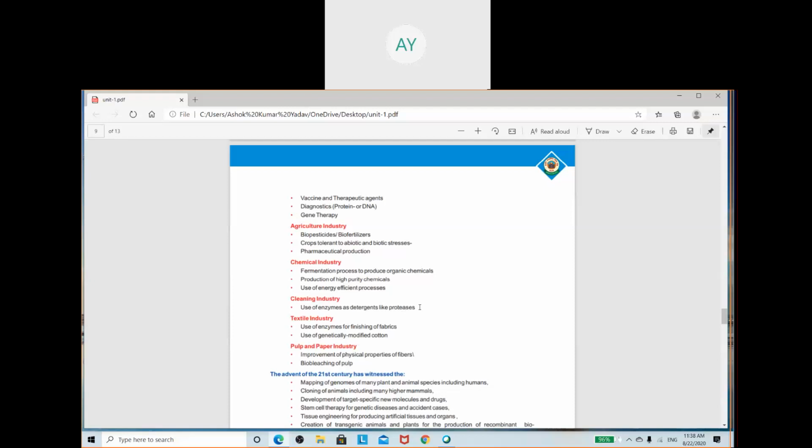But when you do site directed mutagenesis, this is a technique of biotechnology, then you are going to improve the quality of that bacteria at the gene level. So you are going to change the gene, क्या gene?